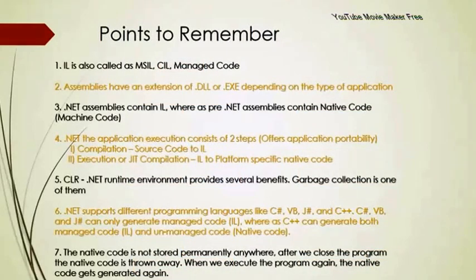To summarize the points that you should remember: IL is also called MSIL or CIL or managed code. Assemblies have an extension of .dll or .exe depending on the type of application. .NET assemblies contain IL, whereas pre-.NET assemblies contain native code, that is machine code.